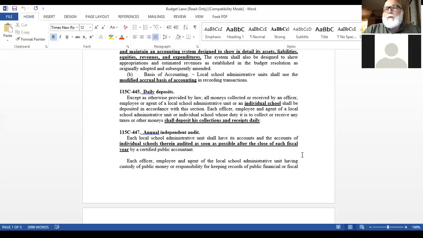What they were doing is a person in the school was buying items and they were simply reimbursing that person. That sounds fairly innocuous, but in effect, you're circumventing the accounting system. You're circumventing the purchasing system to do that. So we don't do that. We don't have people buy stuff and write them personal checks. We use a purchase order system. That's part of the modified accrual basis of accounting.